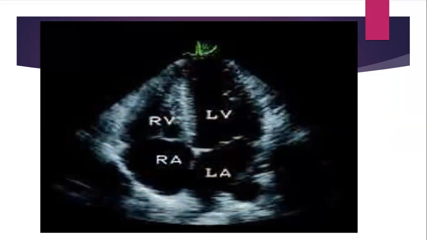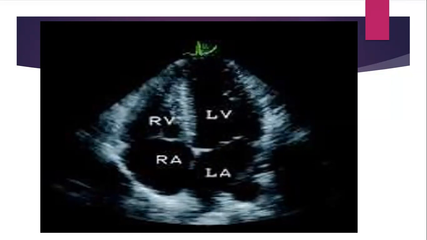So in an echo, you have to remember that echo shows a reflection like a mirror. In a normal heart, the left ventricle and the right ventricle are on the lower side, but when you do an echo, they are transmitted the other way around. That's the reason you see the ventricles arranged this way. The upper part is the apex of the heart, the lower part has the left atrium and the left ventricle. You can see the interatrial septum in this type of ultrasound.